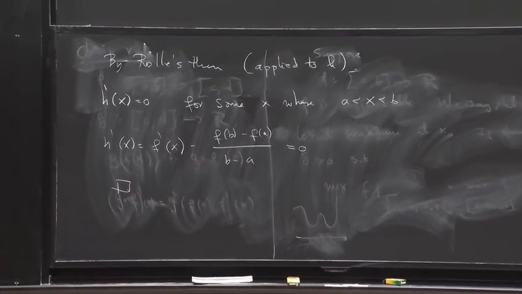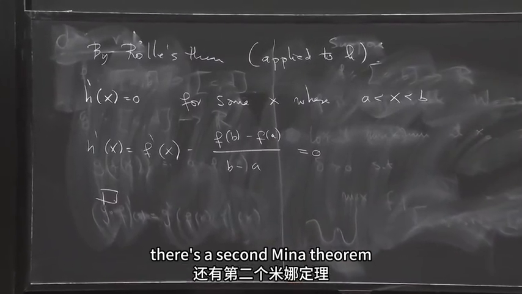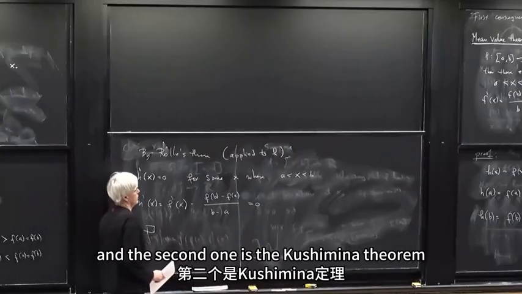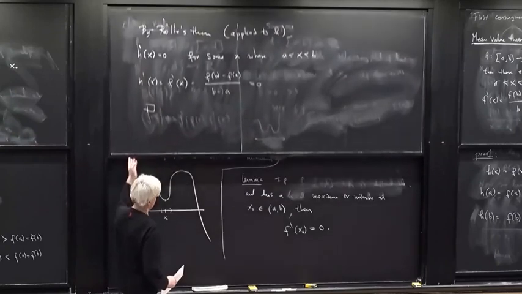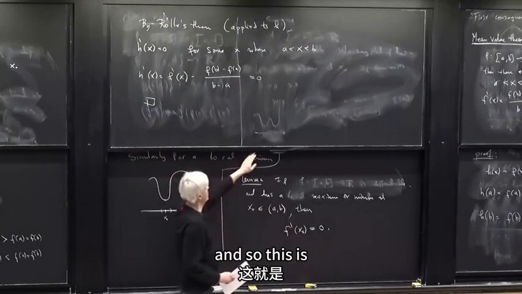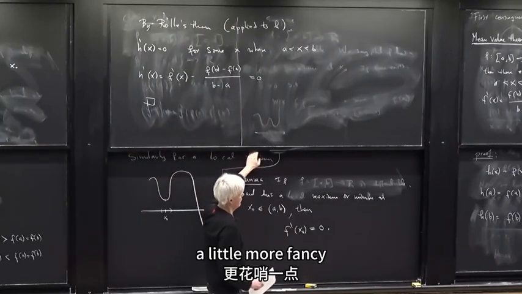Okay. There's a second mean value theorem, and the second one is the Cauchy mean value theorem. And so this is a little more fancy.